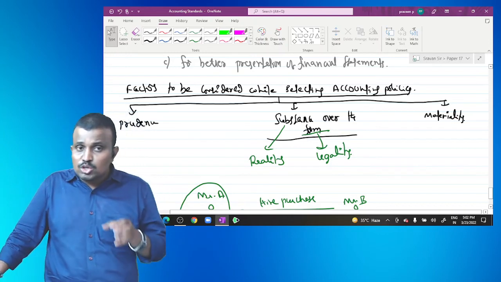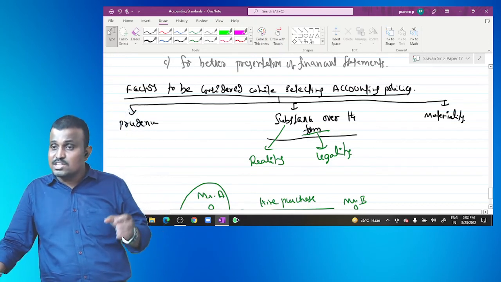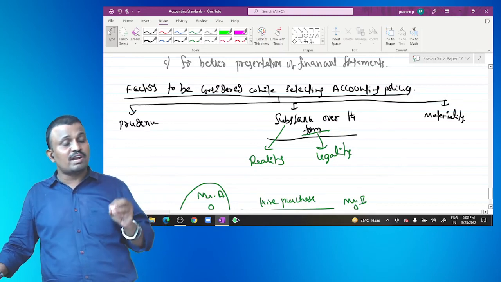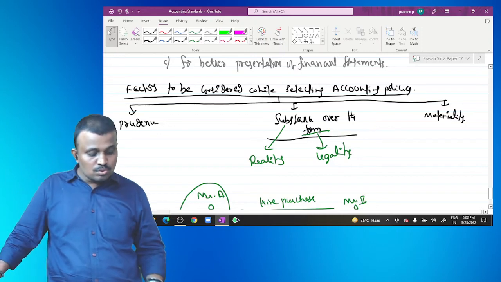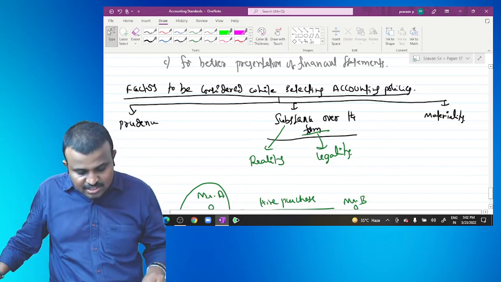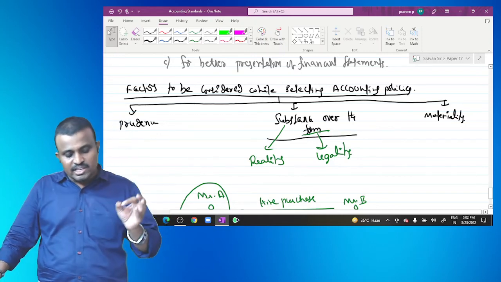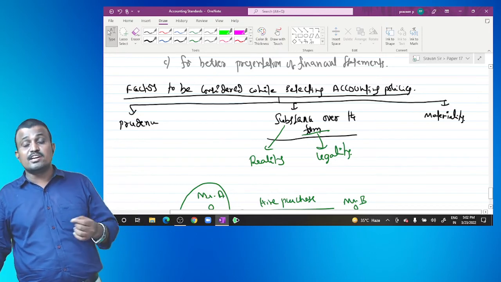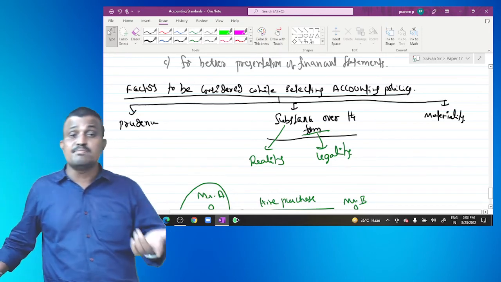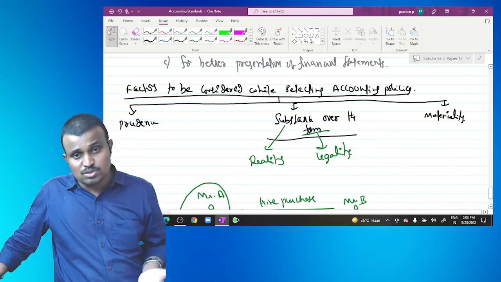So we have to give disclosure of those items in the financial statements which affect the decision of the users; those are called material items. Non-material or immaterial items are not required to be disclosed.